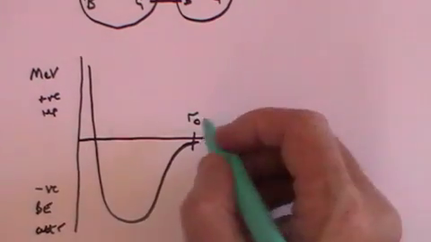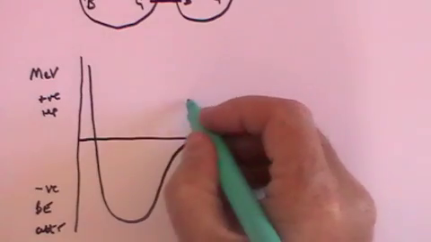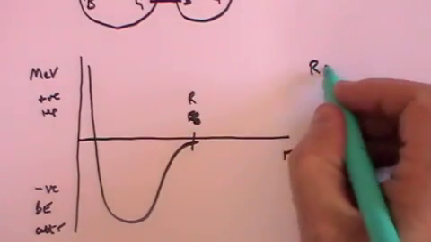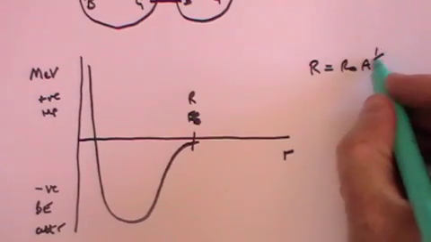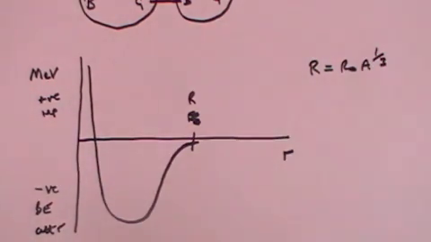And we know that, if I call this R equal to R0 times A to the 1/3, we've done that in previous videos, that the radius of a nucleus is equal to a constant multiplied by the number of nucleons to the power 1/3, or the cube root of the number of nucleons.